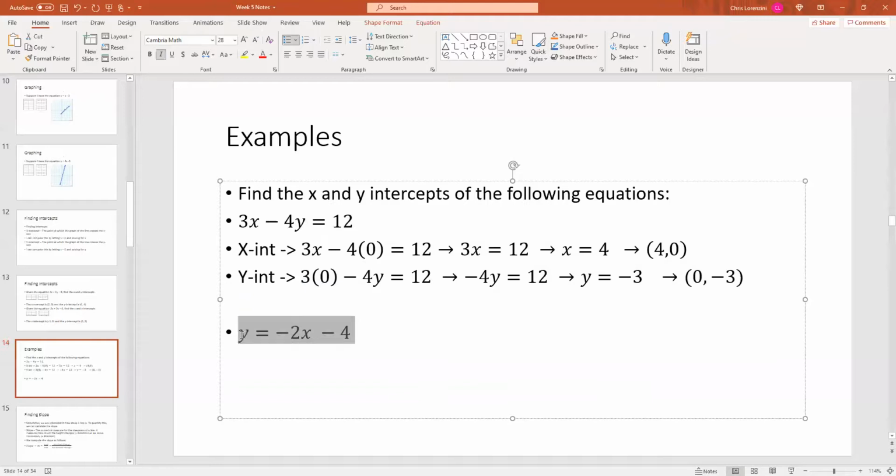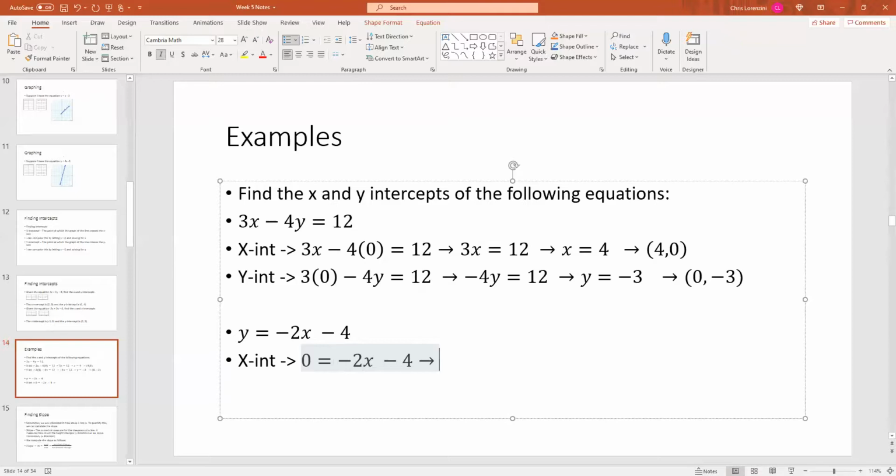Y is equal to negative 2x minus 4. So this equation is just written in a little bit different way. When I'm trying to solve for the x-intercept, I just let y equal 0. So I have to solve this for x, which means I just have to do a little bit of extra math based on the way it's formed.